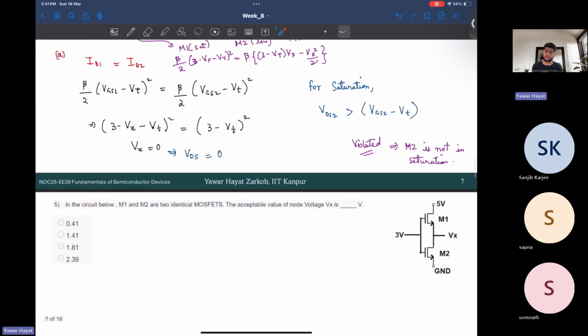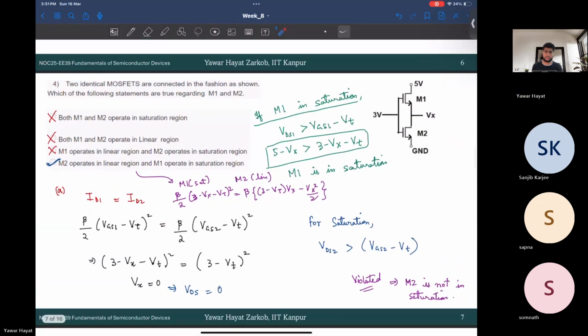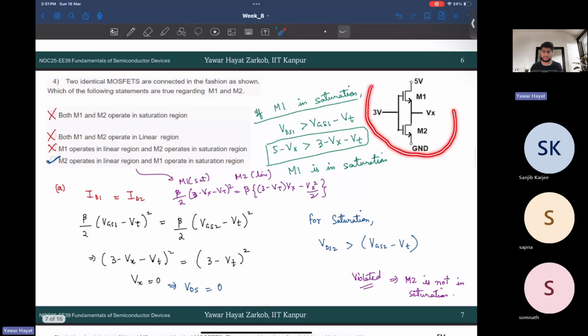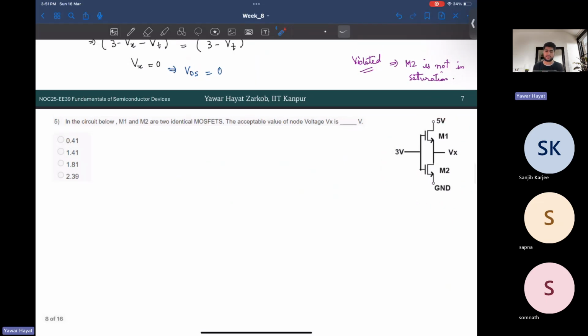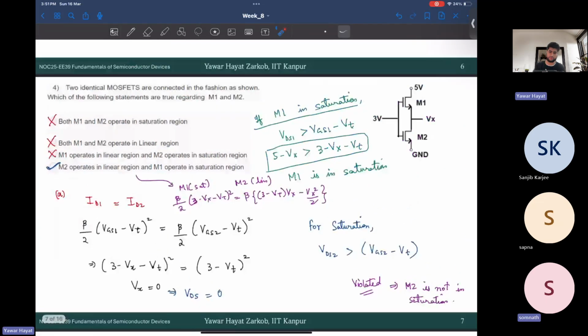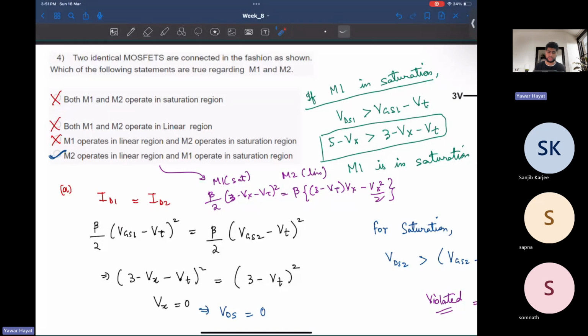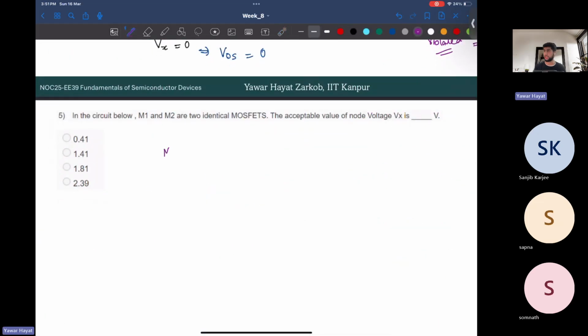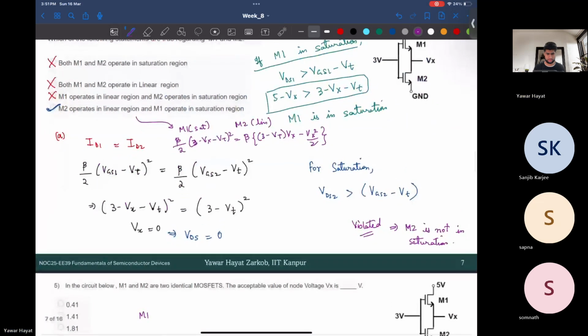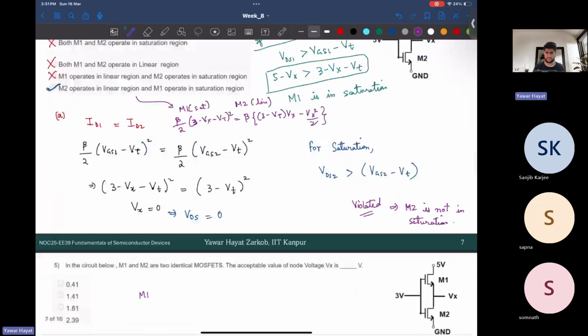If this and the previous questions are correct, if this is exactly the same as this, and the information that I gave you is correct, then option D is correct. So you take M2 in linear and M1 in saturation.